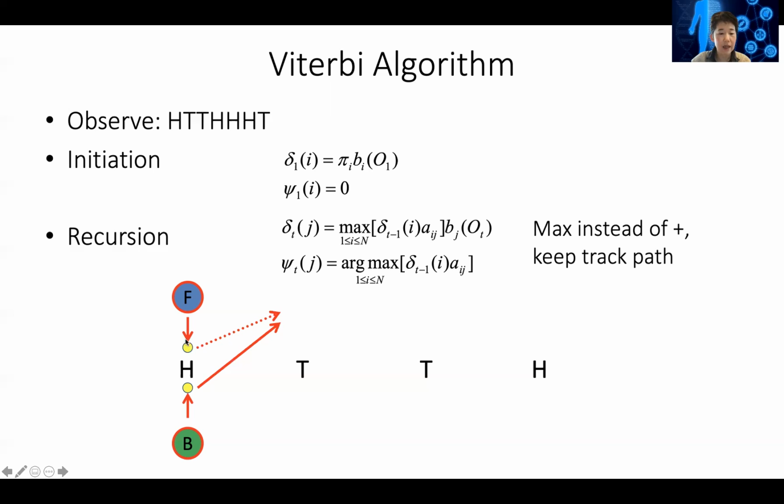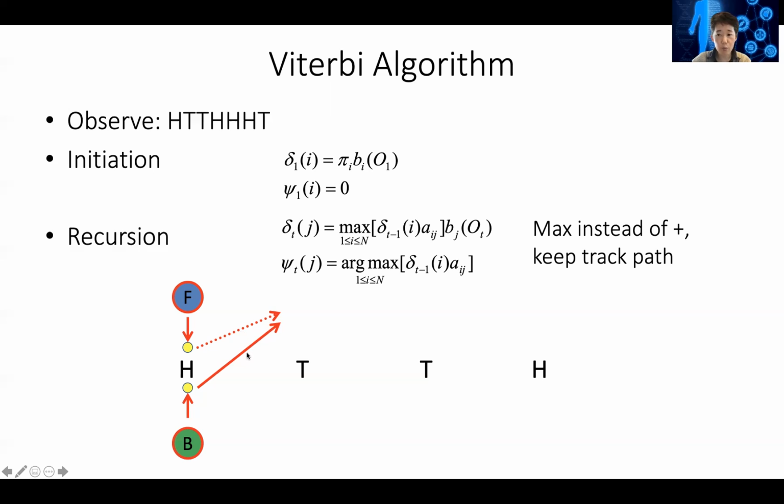There's one possibility that the previous coin was already a fair coin, and we inherit this delta number and then transition from the fair coin to a fair coin. Alternatively, we come from the bias coin in order to get all the coin flips before that, and we transition from the bias coin to the fair coin. So it's this delta number multiplied by this transition probability.